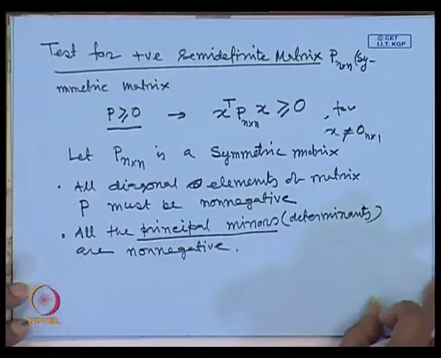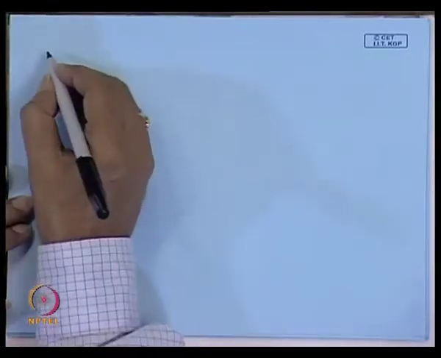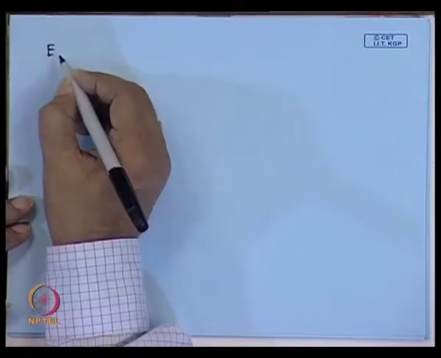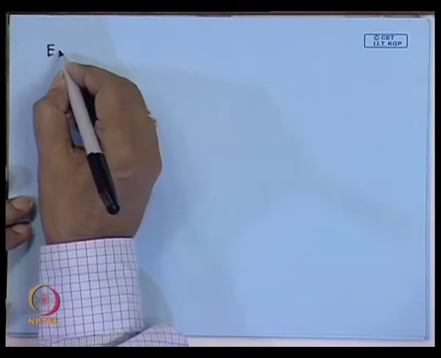So, let us explain this with an example, how we can find the principal minors of a matrix P, which is a symmetric matrix.